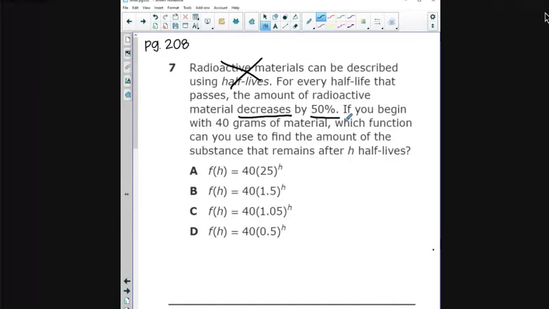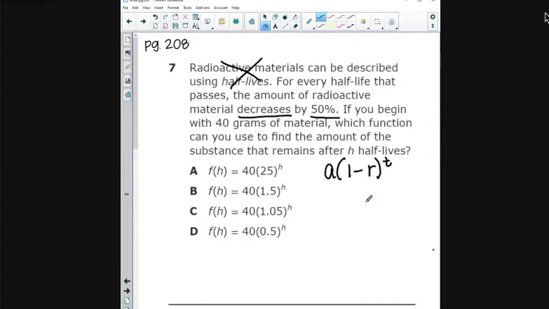Yep. Okay, so since we know it's a decay, we are for sure going to use the 1 minus r to the t power. So go ahead and figure it out. I think you guys probably already know which one is correct, right? Since our initial amount, you begin with 40.